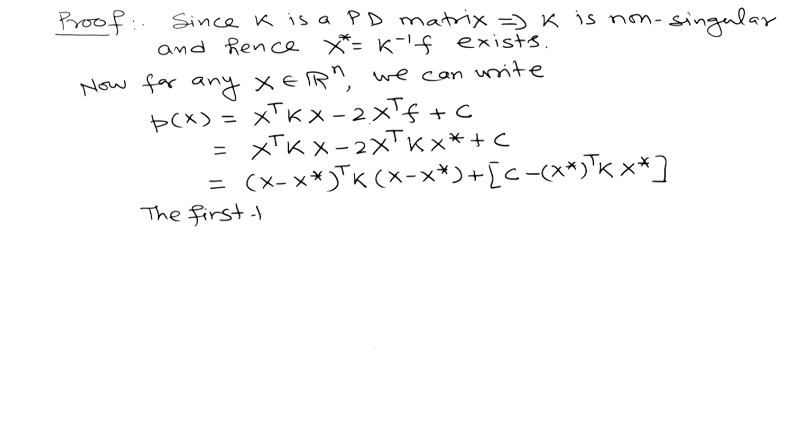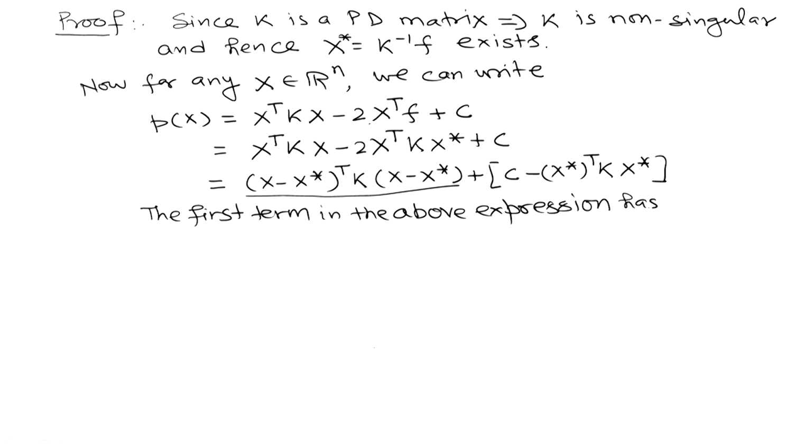The first term, means this term in the above expression, has the form y transpose K y, where y equals x minus x star.